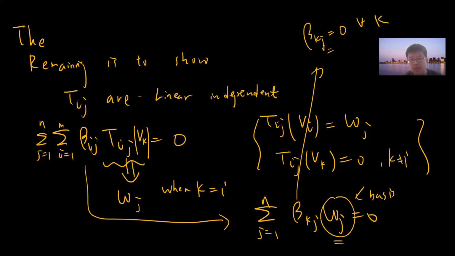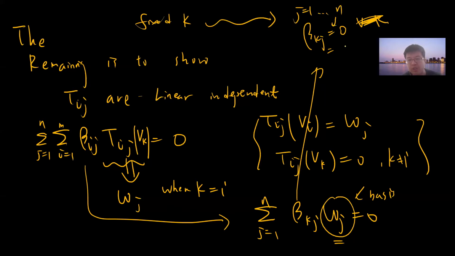So you fix k, and you get beta kj equals 0 for j from 1 to n.